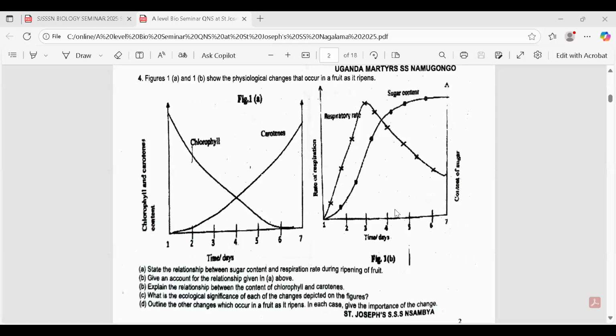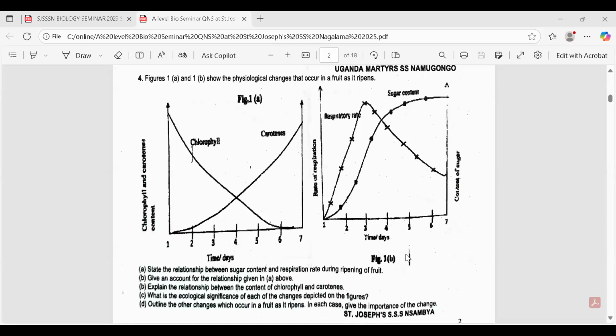When you're giving relationships, of course, we can use the word as, we can use the word while, okay? But in this case, when you are stating a relationship, here they just said state the relationship, they didn't ask you to explain. In that same vein, it means that you're just going to simply state the relationship.